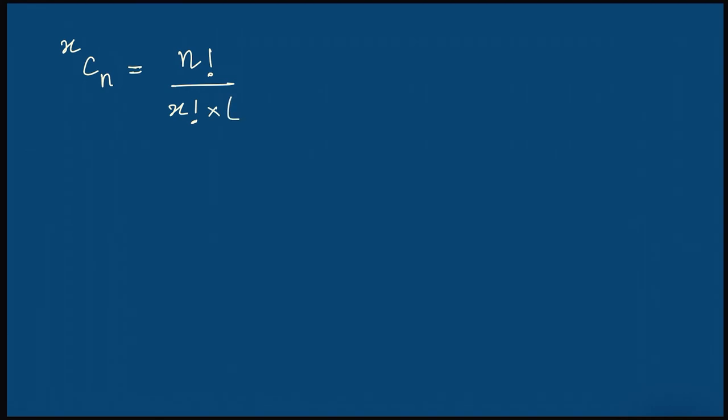For example, to calculate nCx, its formula is n factorial divided by x factorial into (n minus x) factorial.